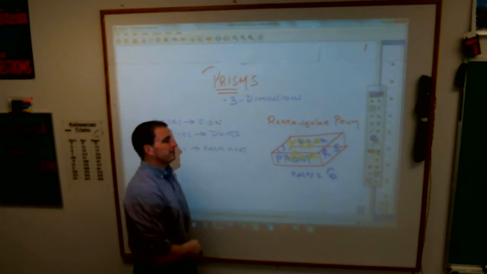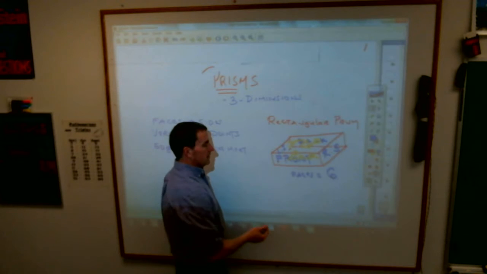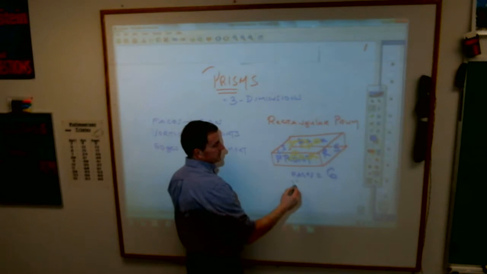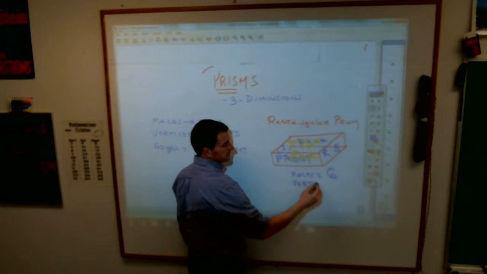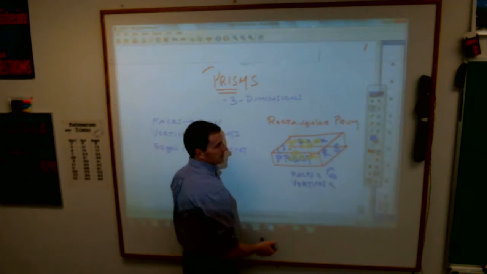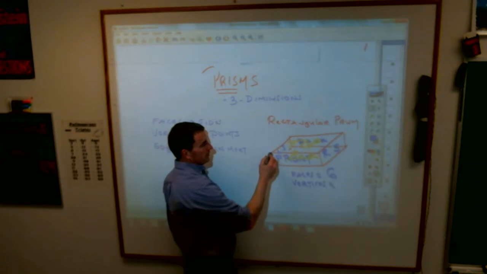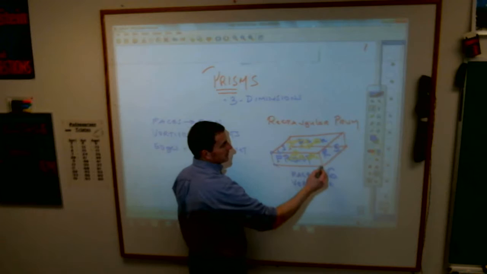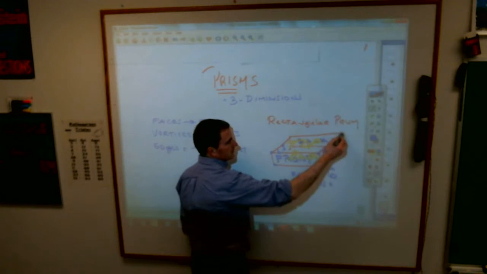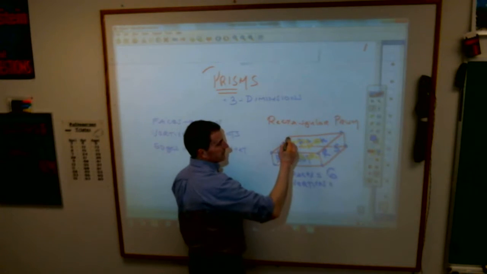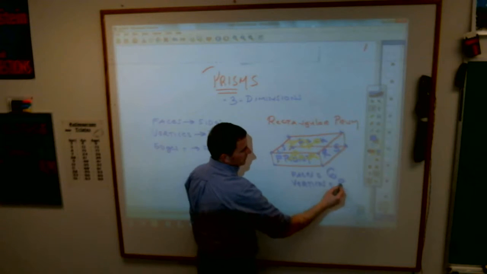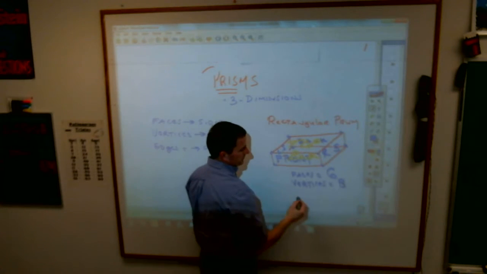Every box really has 6 sides. How many vertices? How many corners do you see, or points? 1, 2, 3, 4, 5, 6, 7, 8. 8 vertices.